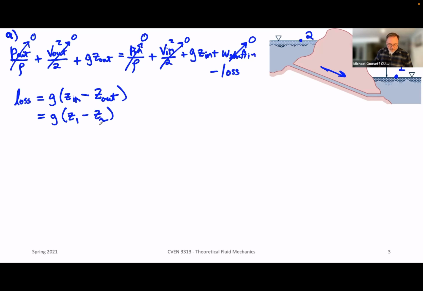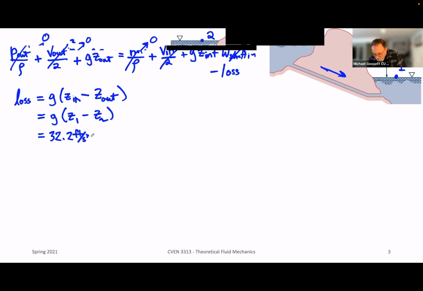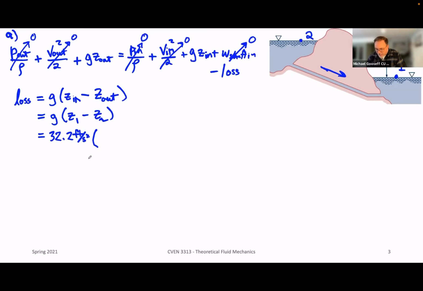Okay, so I think that should work. All right. So now we can inform this, right? We know what g is, 32.2 feet per second squared. And then we multiply by the 50-foot difference here. So Z1 minus Z2 is essentially 50 feet.